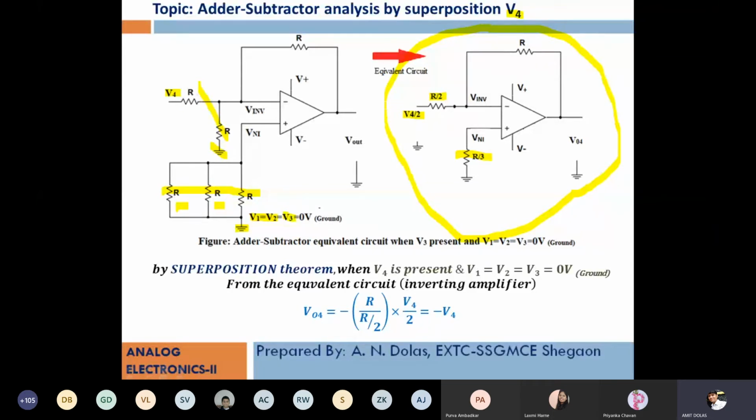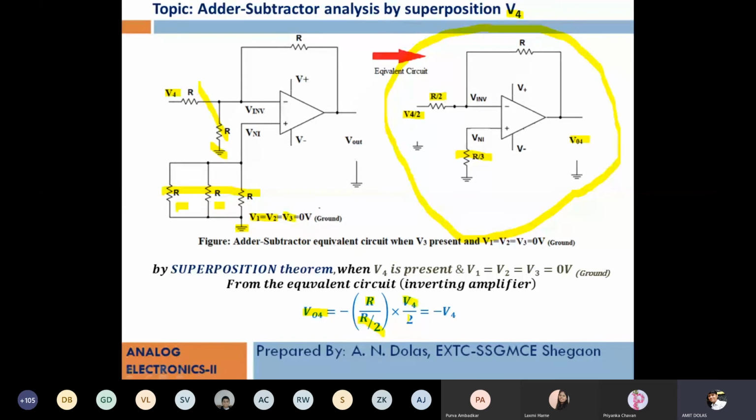So I will calculate V04, in a similar way by the superposition theorem, due to source V4. V04 will be the inverting gain, that is R upon R by 2, into the source V4 by 2.